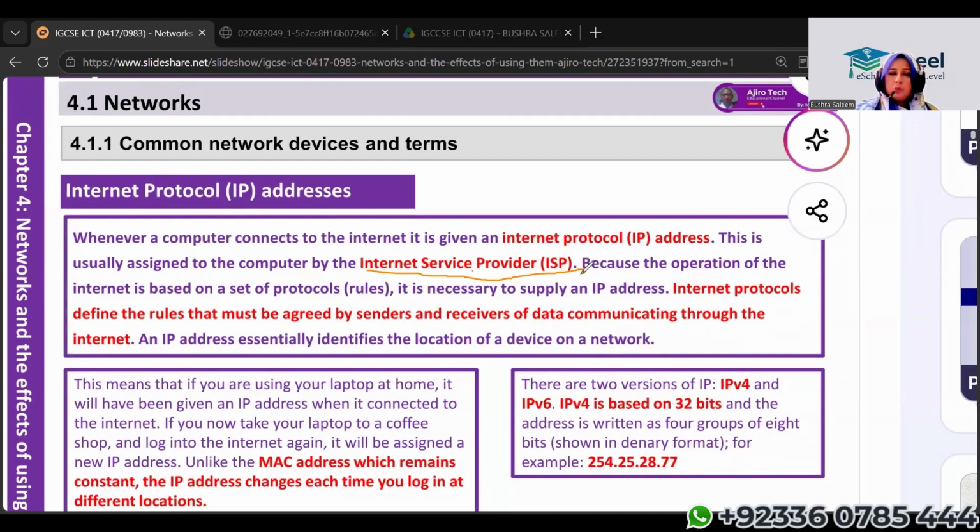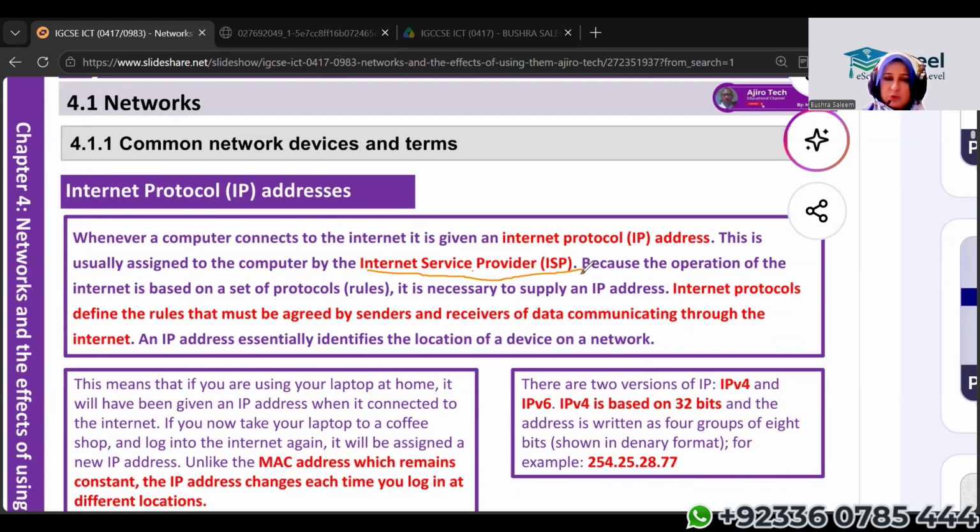For example, at your home you're using a network like the PTCL one, so you connect to your router, which gives you the facility of the internet. Your IP address at home is different from when you go to a shopping mall, coffee shop or airport and connect to their network.